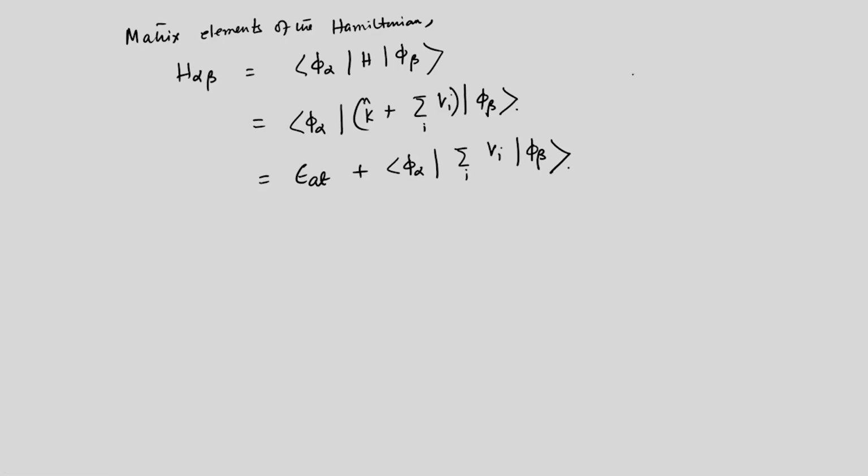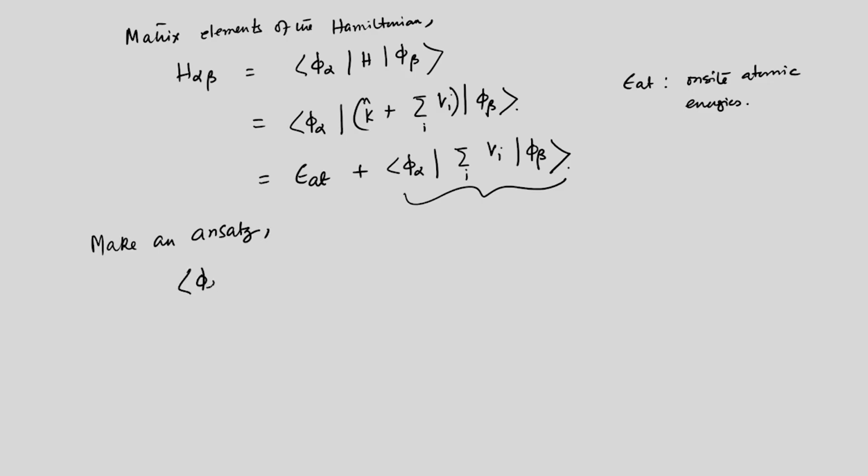So, these epsilon AT are the on-site atomic energies, basically because of the kinetic energy of the electrons. And this is the thing that one needs to compute, and one can make an ansatz as follows: phi alpha sum over I Vi phi beta.